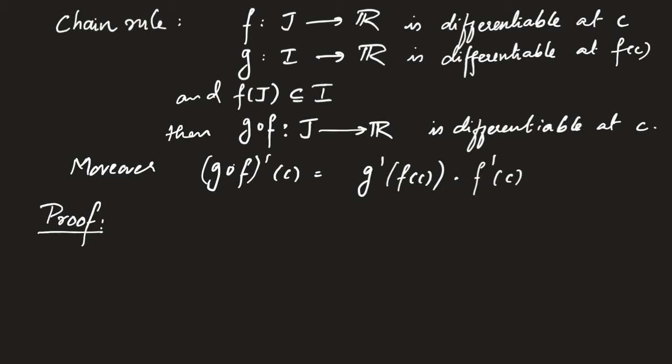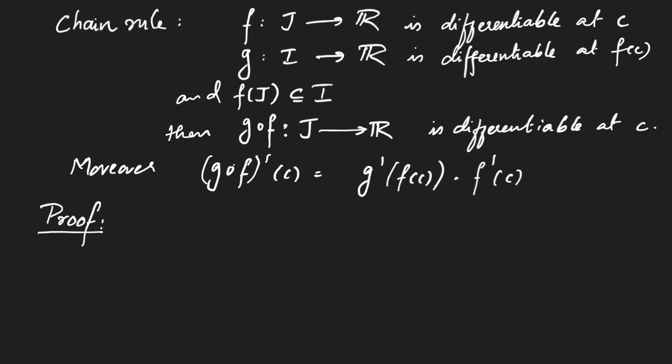We will then construct another function which is expressed in terms of phi, psi and f, and that will be continuous because of the continuity of these three functions. And the continuity of this newly constructed function will imply the differentiability of g composed with f at c. That is the basic idea of the proof of this result.